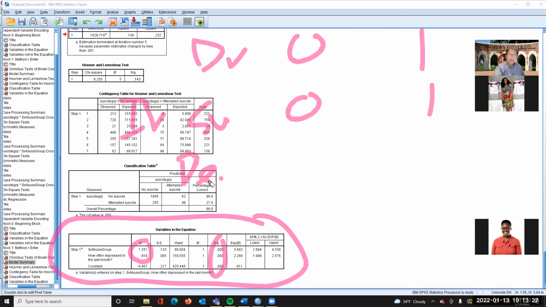And then depression goes from 1 to 5, I believe it is. So what we have here is a mixture. Hang on a minute.